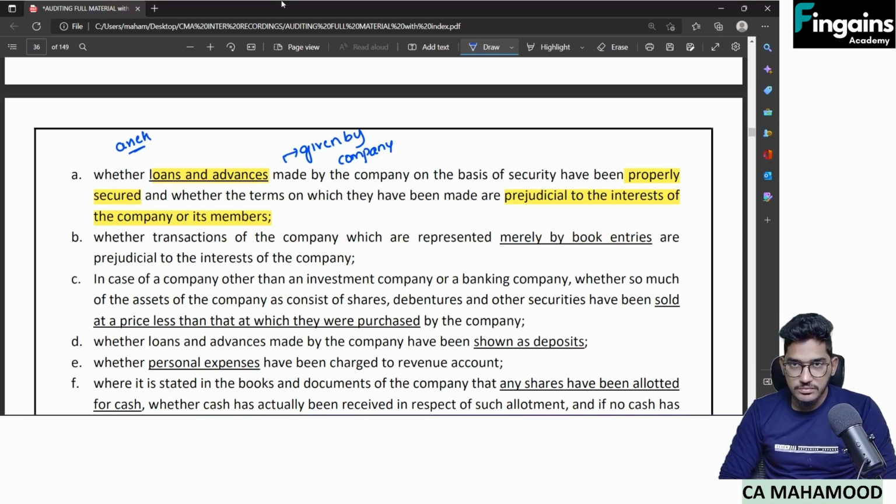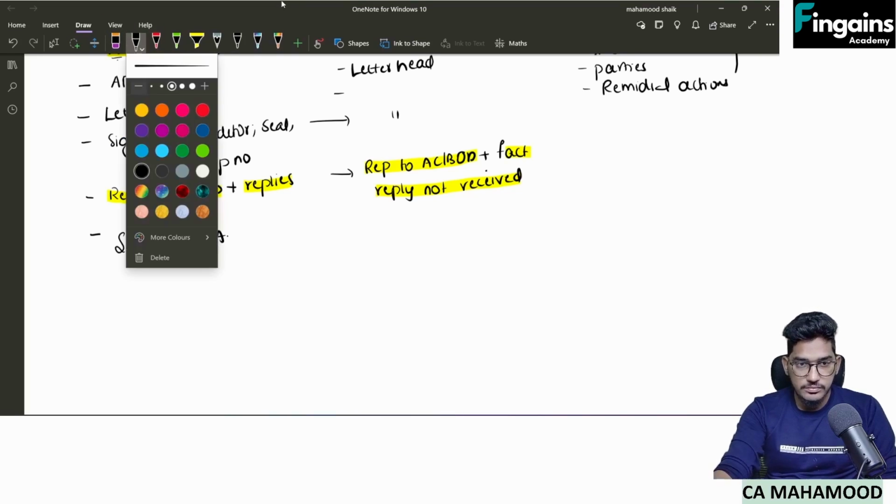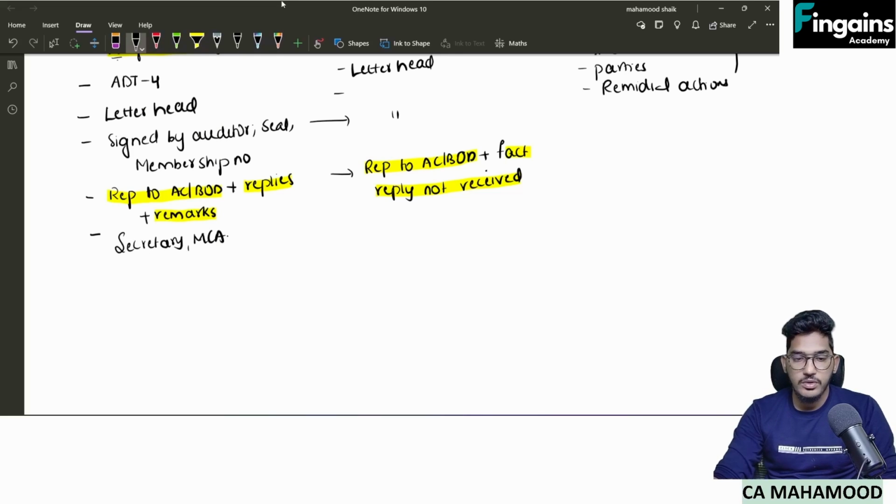For example, you are conducting the audit of some client company, X Limited. In the balance sheet of the company, I am able to see some secured loans and advances in their assets.